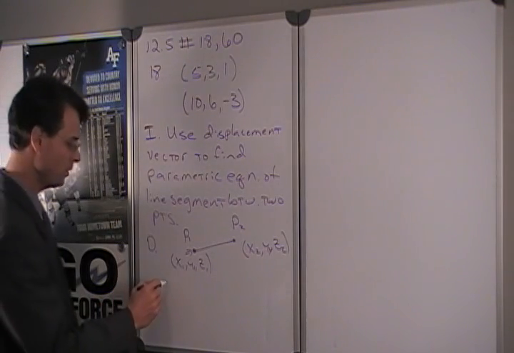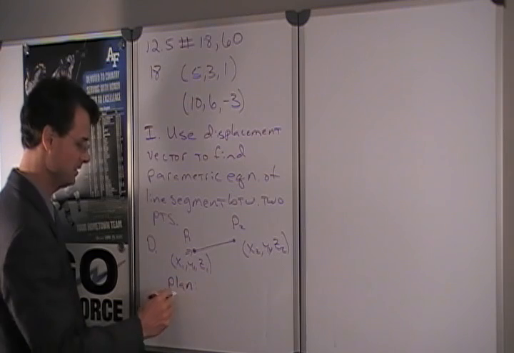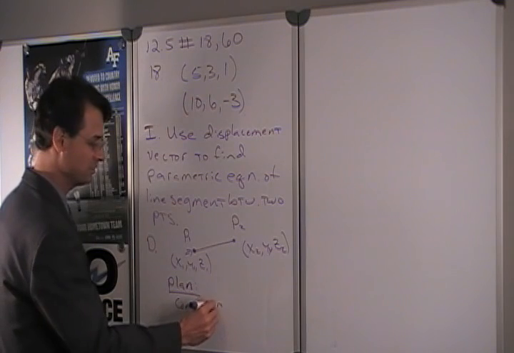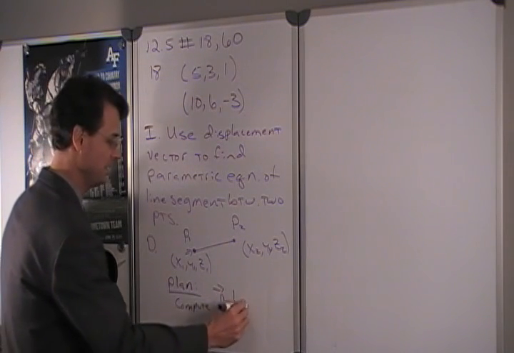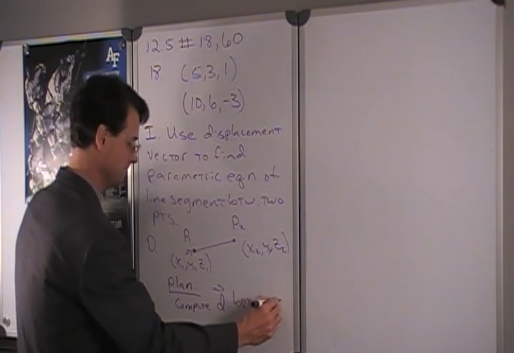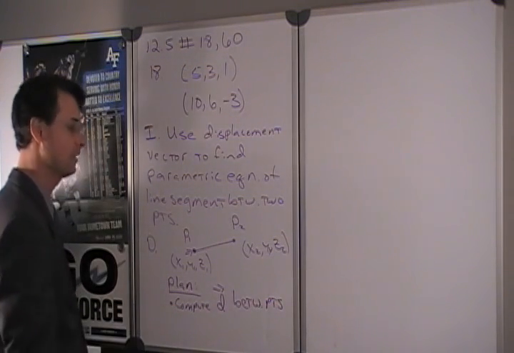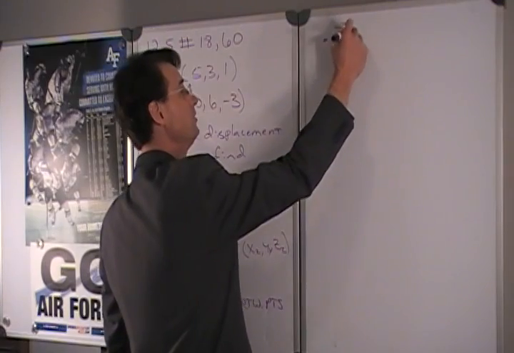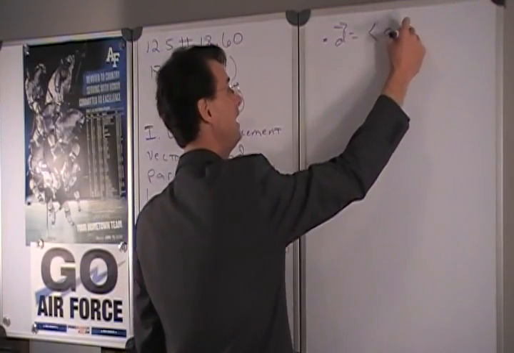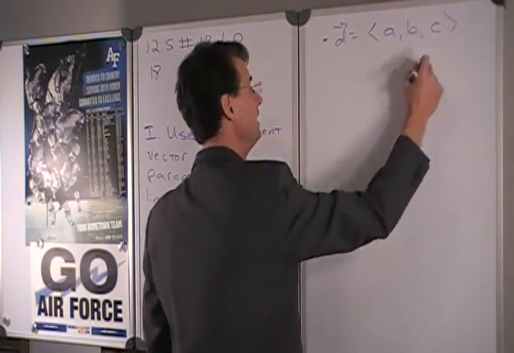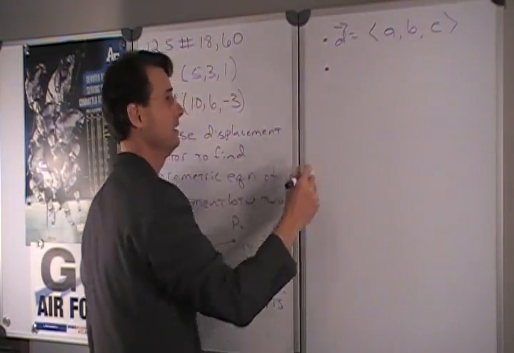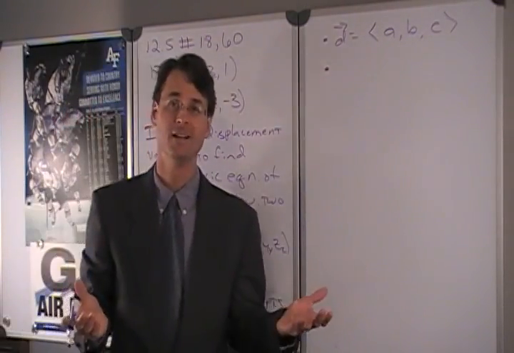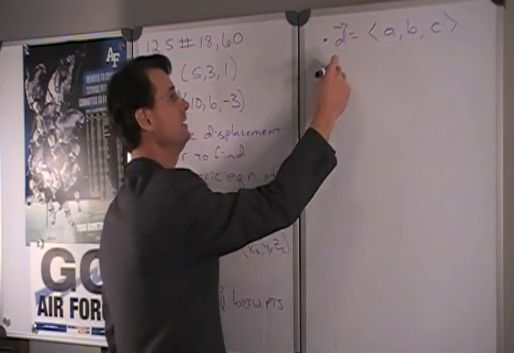So one thing we want to do in our plan is we want to compute the displacement vector between the points. And let's just suppose that our displacement vector, if we end up with D is equal to something like A, B, C, and then we can write down our parametric equations rather directly.